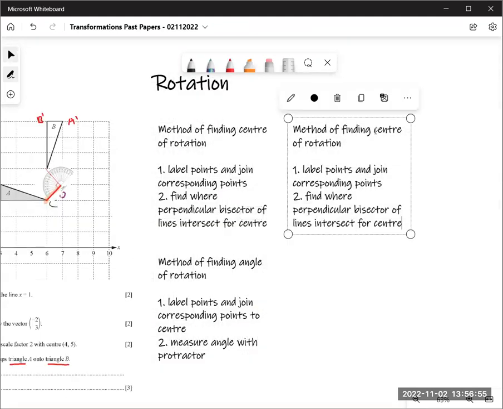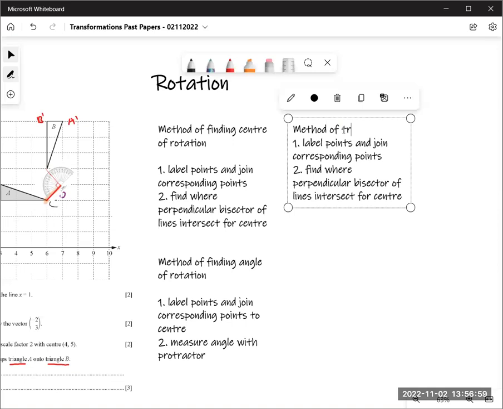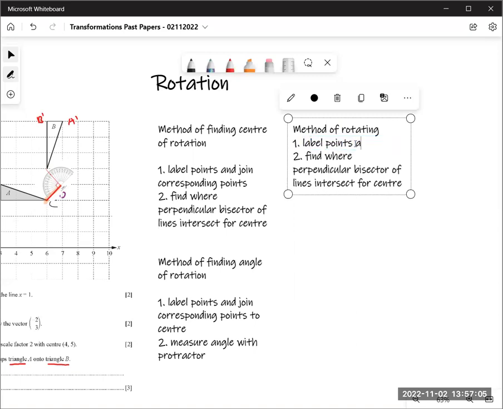Now, method of rotation, or method of rotating. I'll give it here as well. Label points. All you have to do is draw the shape on tracing paper.